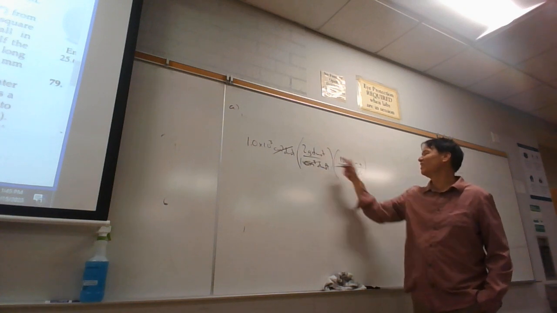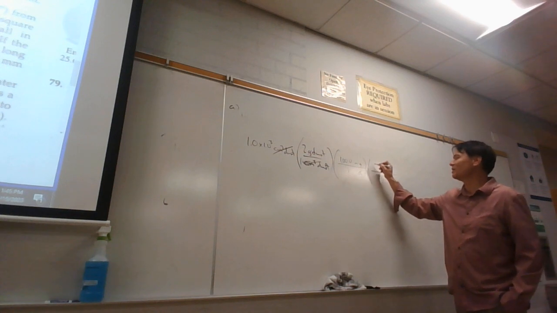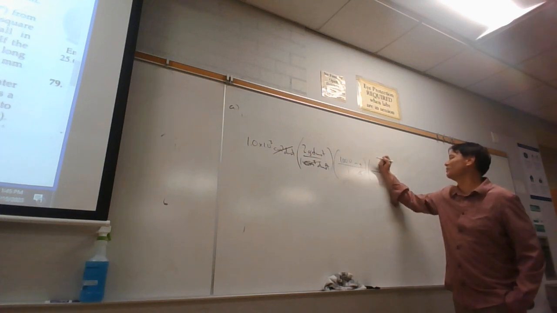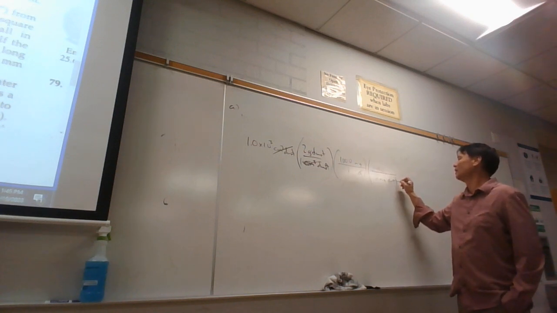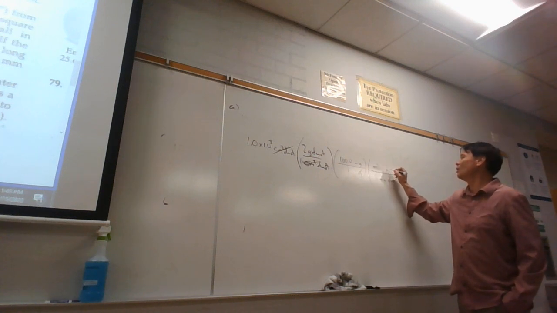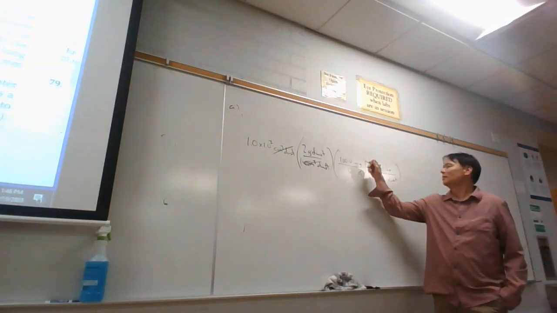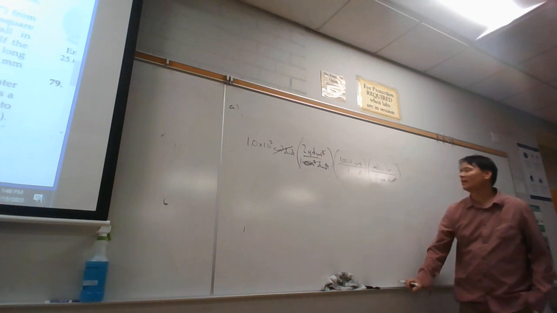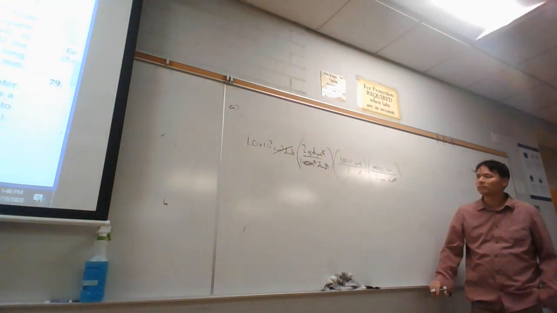Now we have milligrams of dust. What's going to relate that is this conversion: 5 milligrams of, oops, I need to flip it over, 5 milligrams of dust deposit on a square meter in 1 hour. Here, the milligrams of dust cancel the milligrams of dust, and that leaves me with square meters and hours.